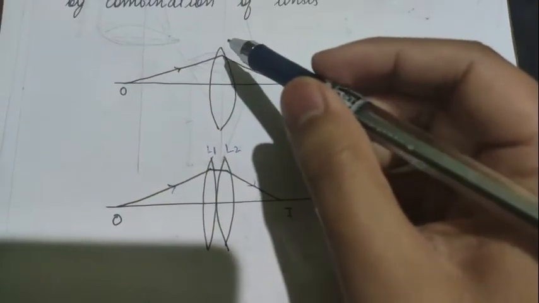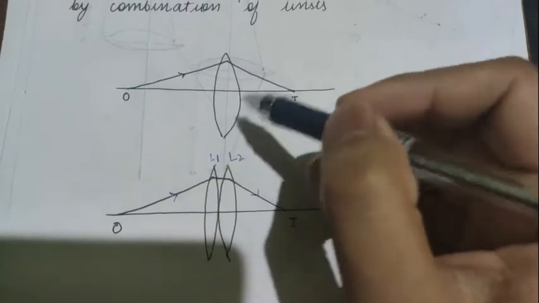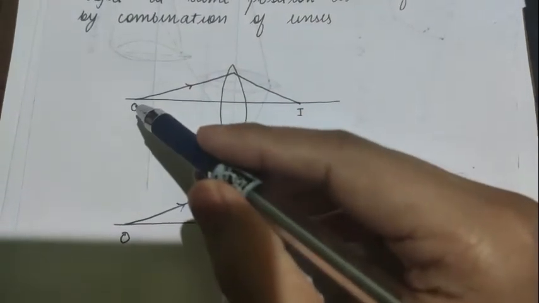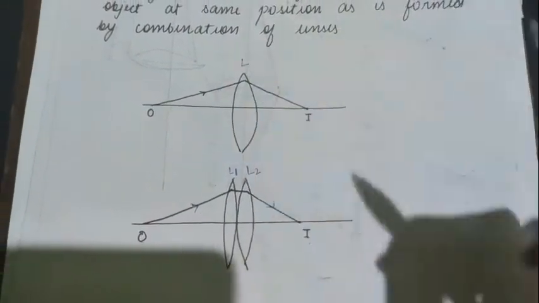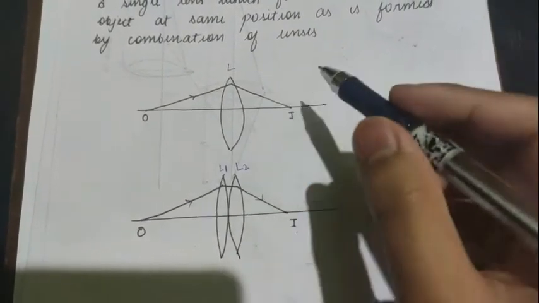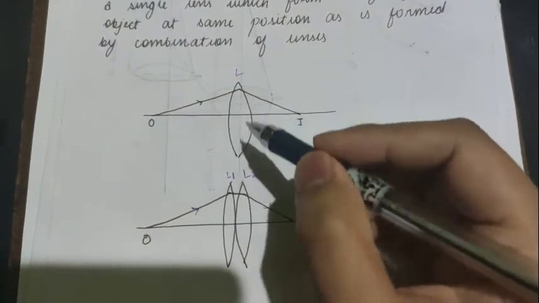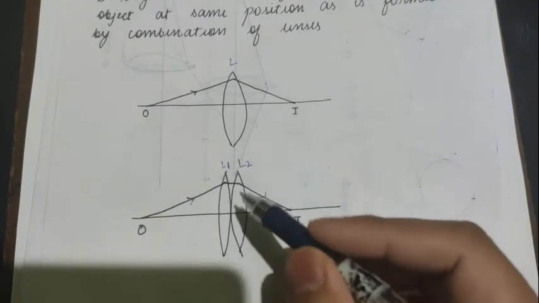Next, let us consider a different lens, but this time only one lens. And what happens? The object forms the image at I. So can you notice the difference? In the first case, we had two lenses. In the second case, we have only one lens.